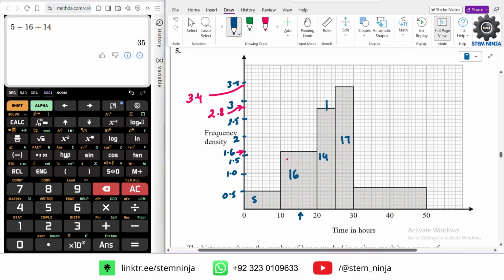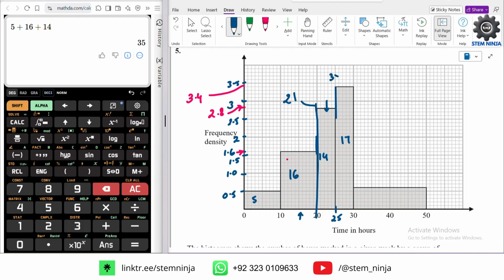So it's in between this region, right? So between 20 and 25. Right. So up until this, the frequency has become 21. After this, it would be 21 plus 14. This would be 35. Right.